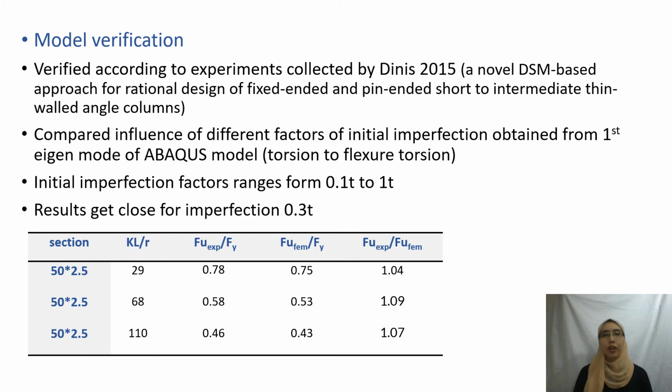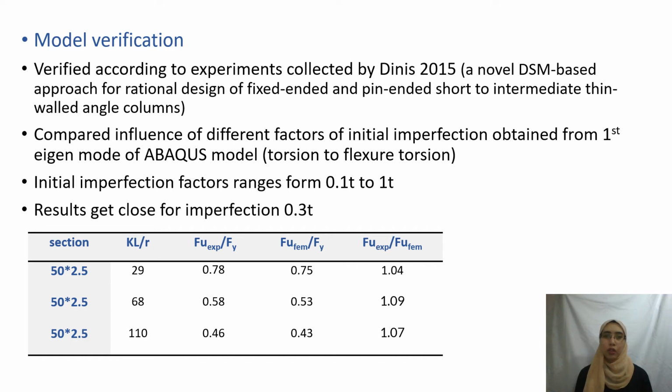Members are verified against the experimental results collected by Dennis 2015, with respect to the influence of different factors of initial imperfection obtained from the first eigenmode of Abaqus, which was torsion for short columns, flexural-torsion for intermediate columns, and flexure for long columns, with factors ranging from 0.1 T to 1 T, where T is the thickness of the section.